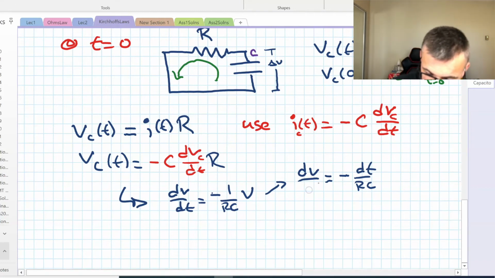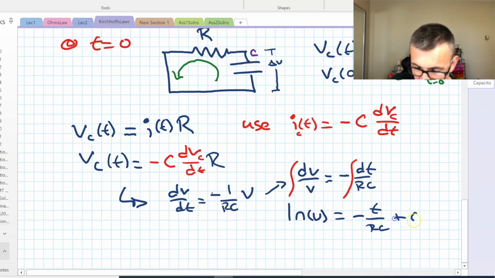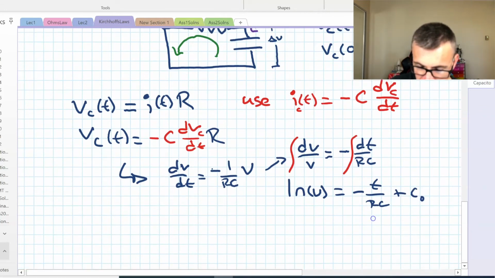So let's integrate both sides of this in the standard approach to solving these kinds of differential equations, and we get the natural log of the voltage is equal to negative t over RC plus some arbitrary constant.